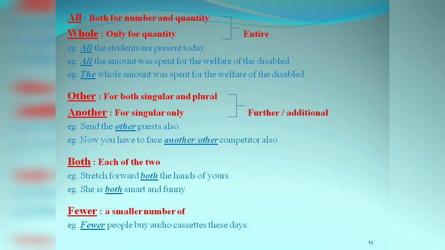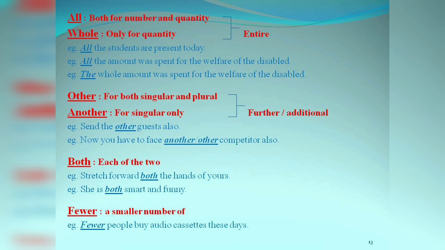Next, other, another. Other can be used before singular and plural nouns, while another can be used with singular nouns only. And both of these determiners mean the same, further or additional.